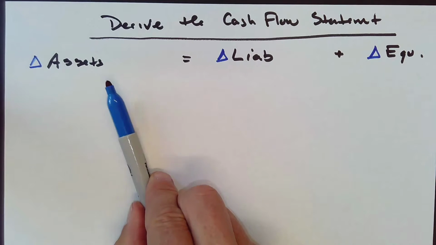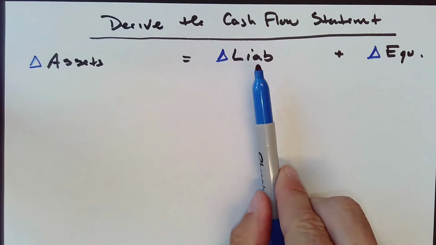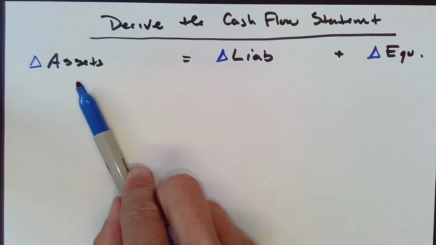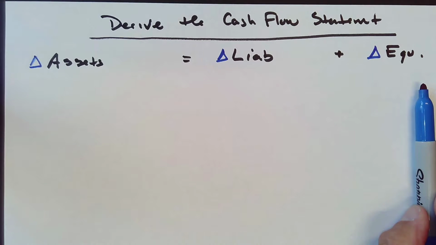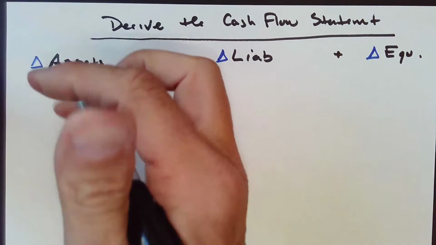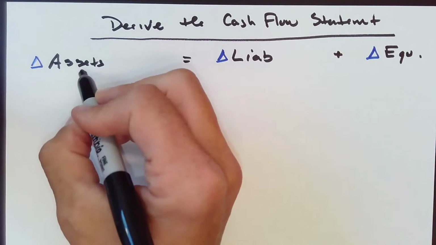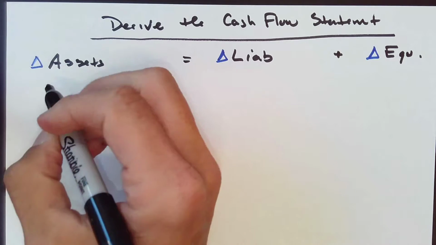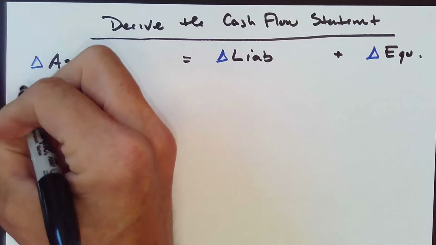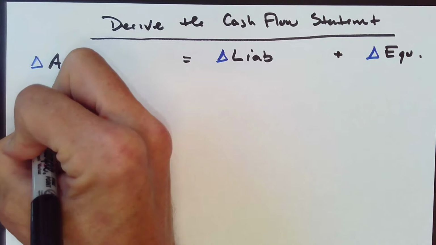So now let's start disaggregating each of these items. And we're not going to do a full disaggregation, but we'll just give you an example disaggregation. So all of this is a change, and so some of the things we have in assets, we're going to have change in cash.